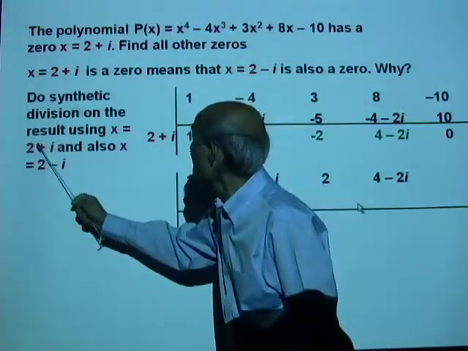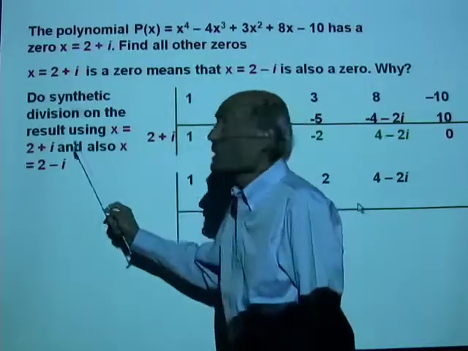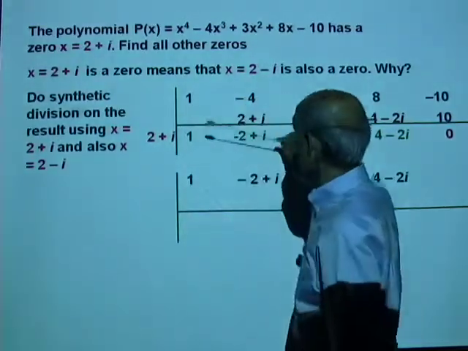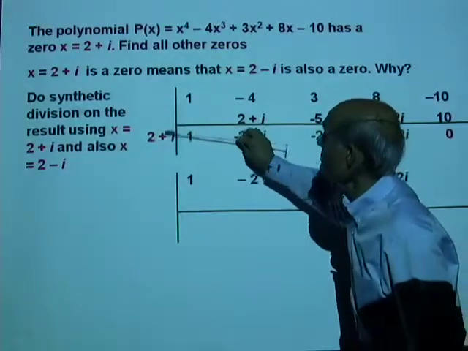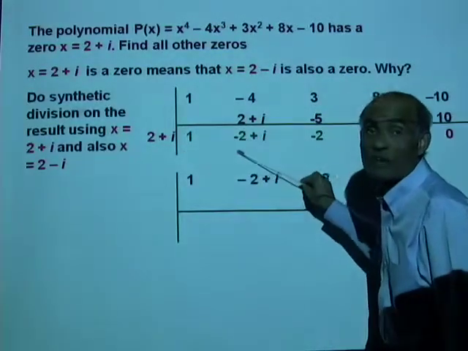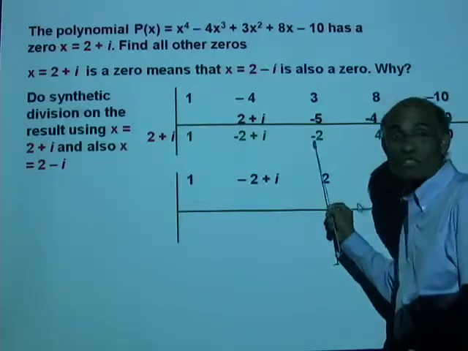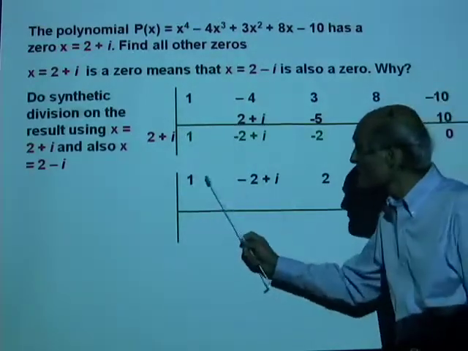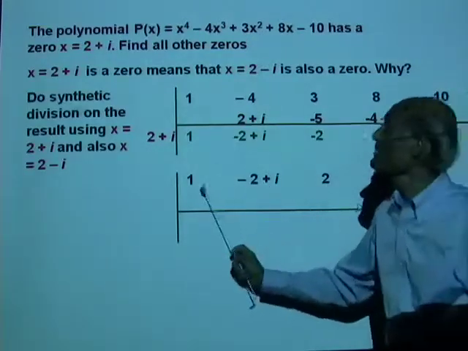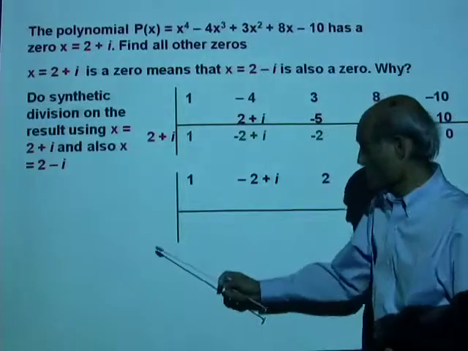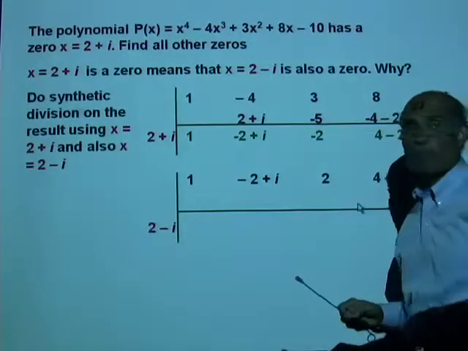First we did by 2 plus i, but 2 minus i is also a zero. So after dividing by 2 plus i, we found these are the coefficients of the remaining factor. So we take those coefficients and do a synthetic division by the next zero, which is 2 minus i.